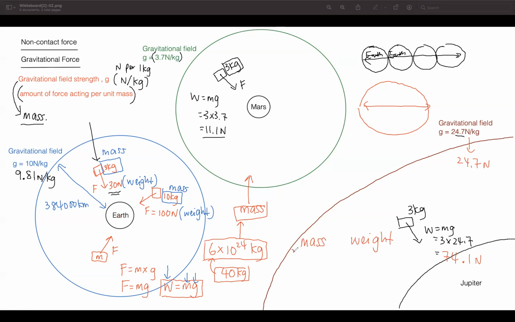Mass is the amount of substance. Weight is the size of gravitational force. Second, talk about the unit. Mass has a unit of kg, weight has a unit of Newton.